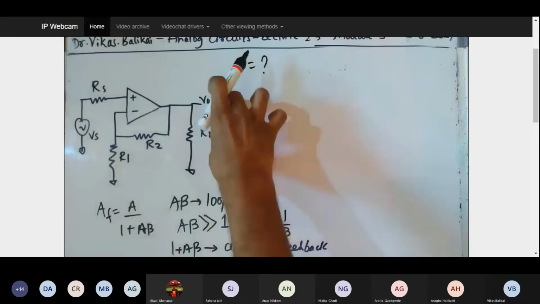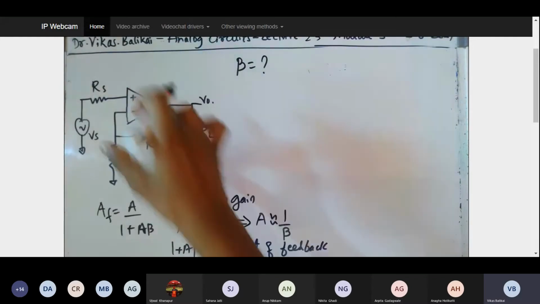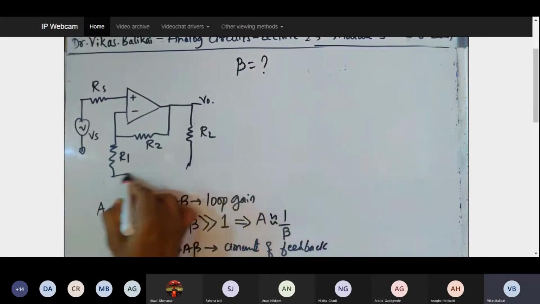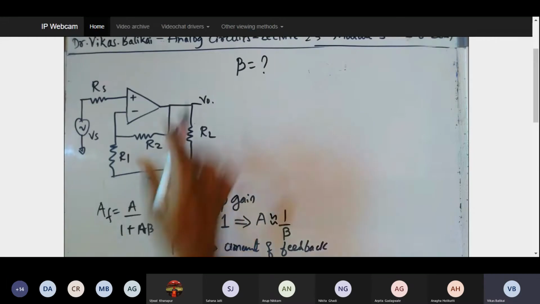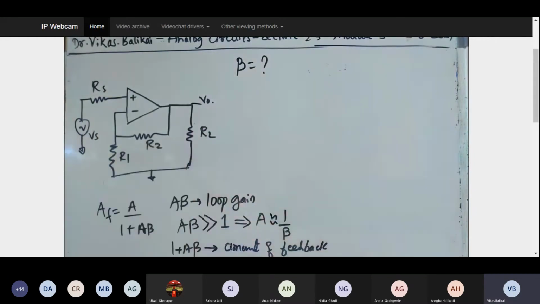On the input side it is serially fed, and from the output side we take the parallel combination. If I connect the two grounds, isn't it in a parallel format, while at the input side it is entering in a serial format? So this is the series shunt feedback amplifier configuration, and here we want to identify beta.